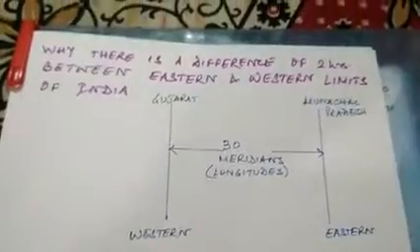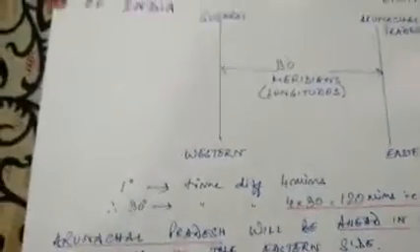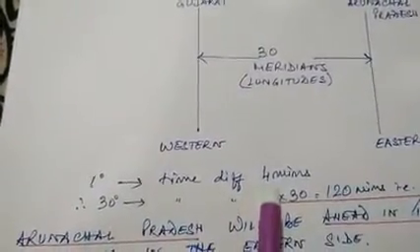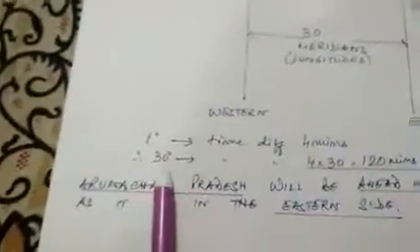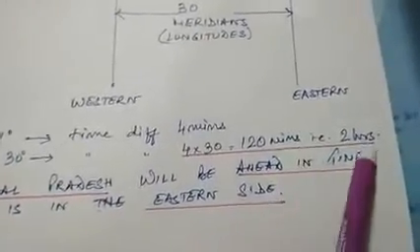If you push your mind a little back to class 9, you had done time sums. Over there it was said that for 1 degree, the time difference is 4 minutes. And what did you say? 30 meridians are there. So for 30 degrees, the time difference will be 4 into 30, 120 minutes. That is 2 hours.